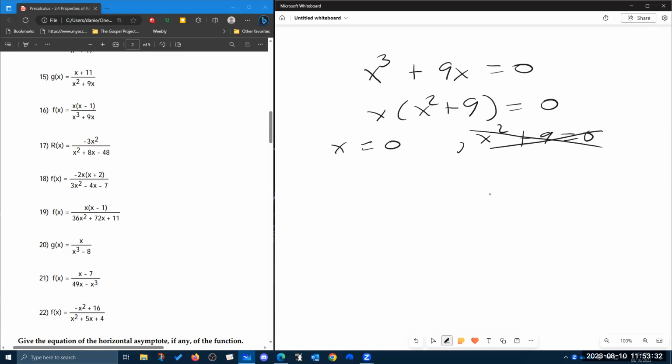So my only vertical asymptote here would be at x equals 0, but wait a second, x equals 0 is going to make the numerator equal to 0 because I have a factor of x up there. So this is going to be a hole, not a vertical asymptote. So there are no vertical asymptotes here in number 16. Let me show you 16 another way.